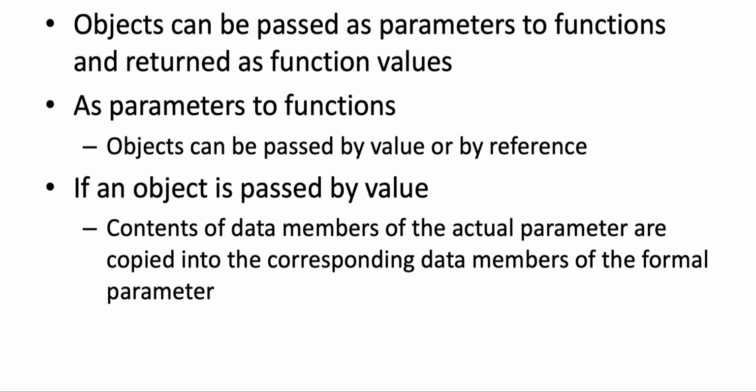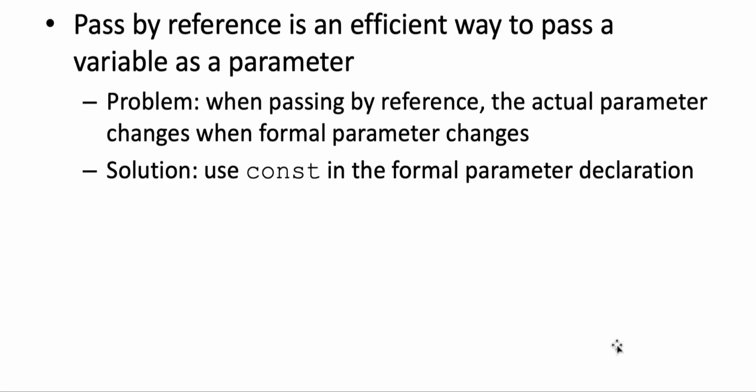So class objects can be passed as parameters to functions and returned as function values. As parameters to a function, a class object can be passed either by value or by reference. If a class object is passed by value, the contents of the member variables of the actual parameter are copied into the corresponding member variables of the formal parameter.